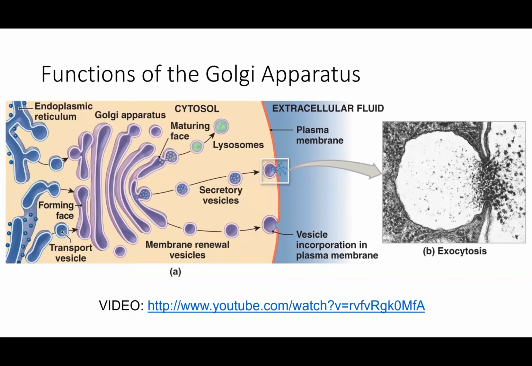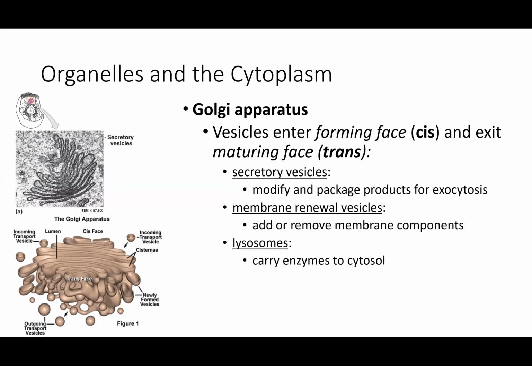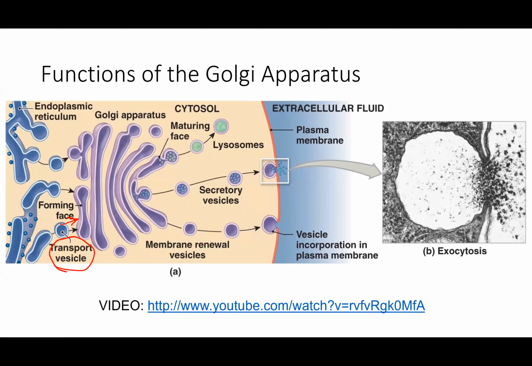So here we have this wonderful picture. It is a really great picture, by the way. It illustrates what's going on really well. You have transport vesicles coming from, let's say, the rough endoplasmic reticulum with a partially formed protein. It joins up with the forming phase. The forming phase is the cis phase, so we just want to remember that. So cis, and this is the trans phase here.